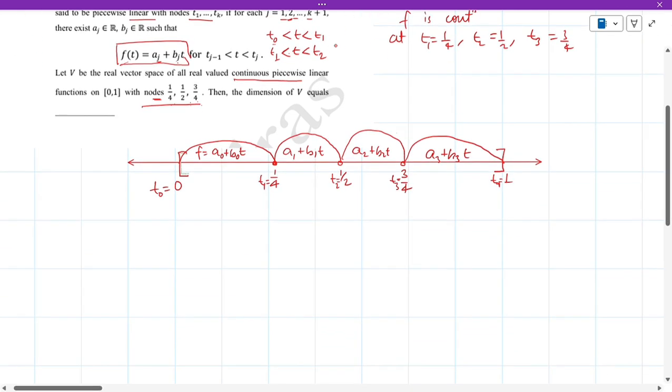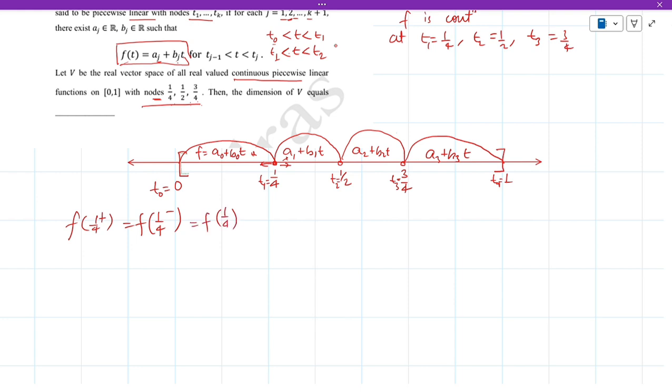So if we are moving to the left, the function will be this, and if we are moving towards the right hand side, the function will be this. So f of 1 by 4 plus equals f of 1 by 4 minus, and it equals f of 1 by 4 itself, so there is no need for more because it is continuous at its nodes. We are sufficient with LHL and RHL.